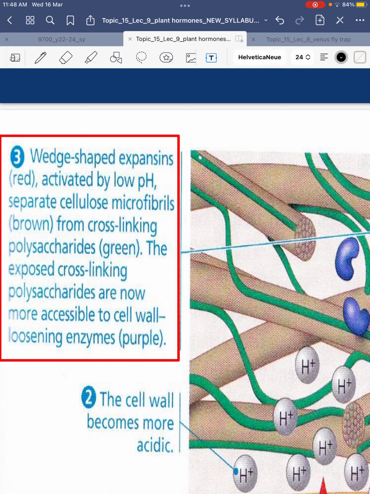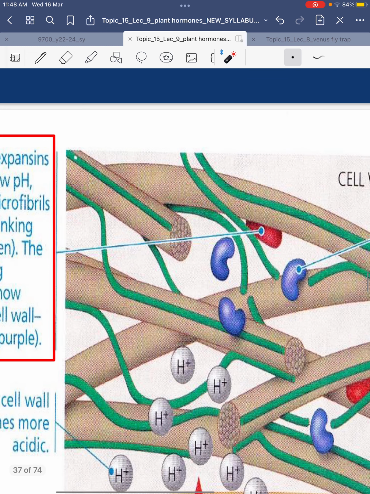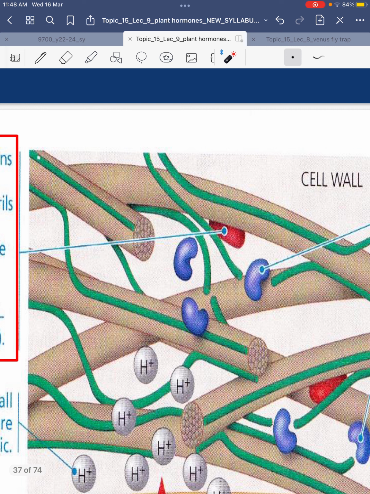Let's read this one. This is from a university textbook, so it has high credibility. So wall shape, expansin, red. So this is the expansin. What is expansin? Expansin is a protein. It's not an enzyme. It's just a protein that loosens up the linkages.